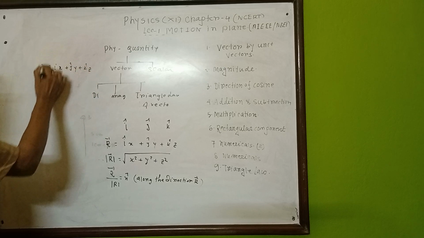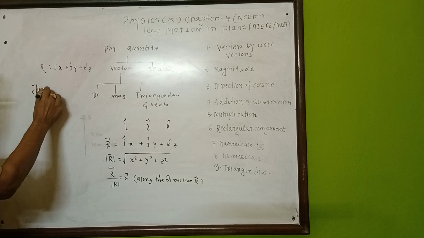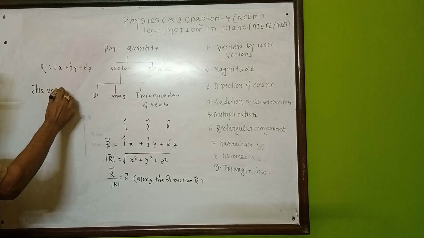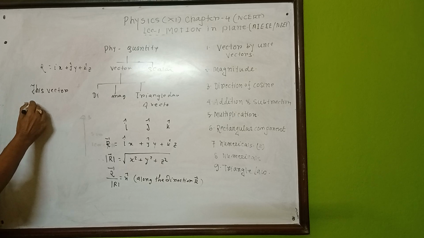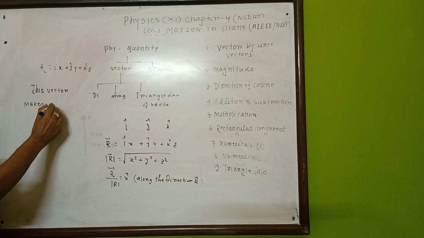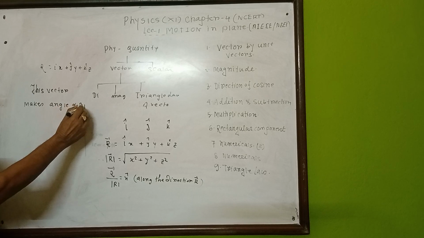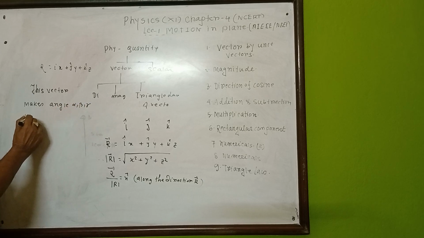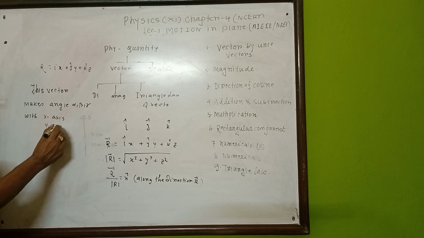Now direction cosines means this vector makes angles alpha, beta, gamma with the x-axis, y-axis and z-axis.